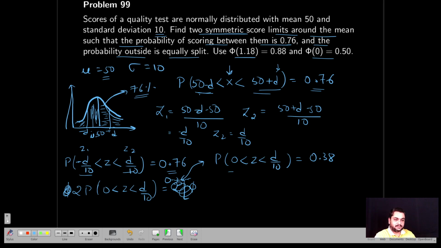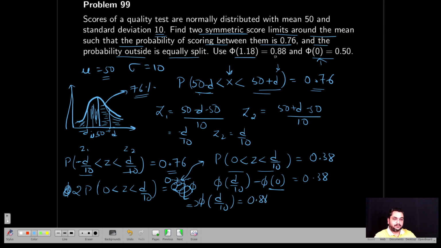Now, this is nothing but phi of D by 10 minus phi of 0 is equal to 0.38. Now, phi of 0 is given, 0.5. Send that to the other side. So, phi of D by 10 is equal to 0.88.